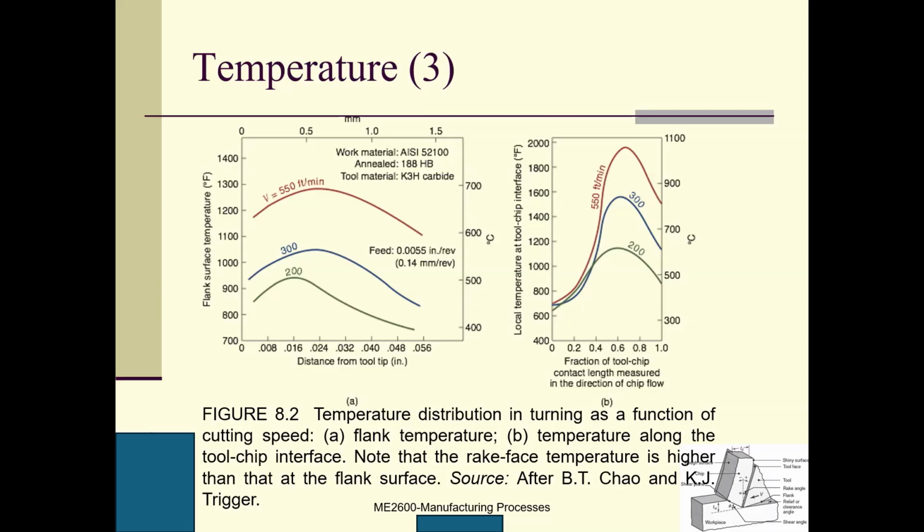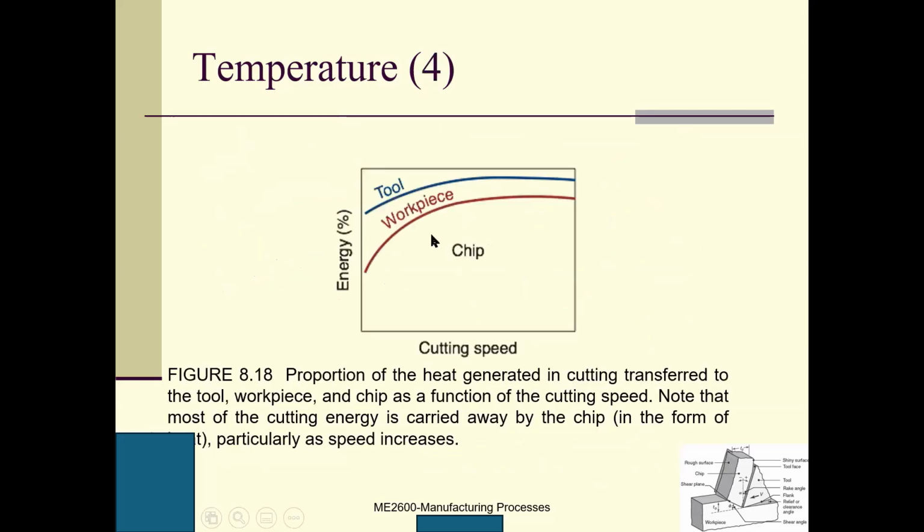So at this point, the chip and the tool separate from each other. And people use the fraction. This gives us the option of the heat generated in cutting transferred to the tool, workpiece, and chip.